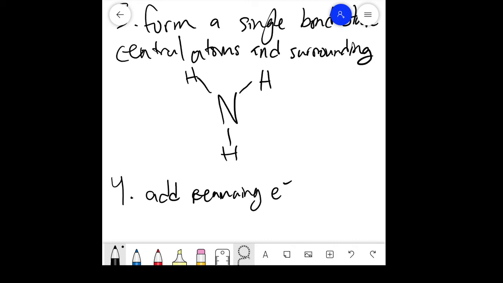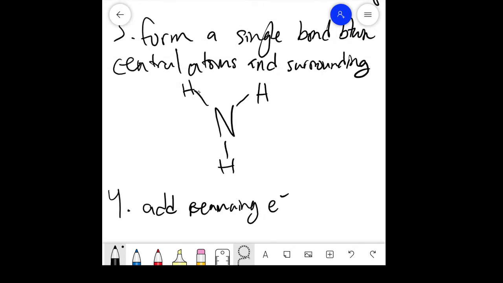As you can see right now, nitrogen only has 6 electrons, because each of these is 2, 2, 4, 6. But it needs 8 to be stable. So we would add 1 lone pair right there to get 8 and have it be stable, because elements are only going to form bonds to become stable.